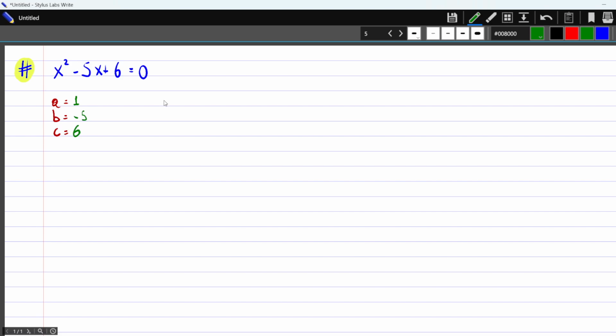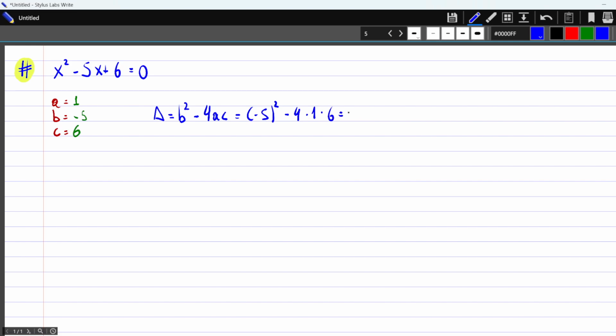So now that we have identified the coefficients, we can compute the discriminant delta, which is b squared minus 4 times a times c, which is minus 5 squared minus 4 times 1 times 6.